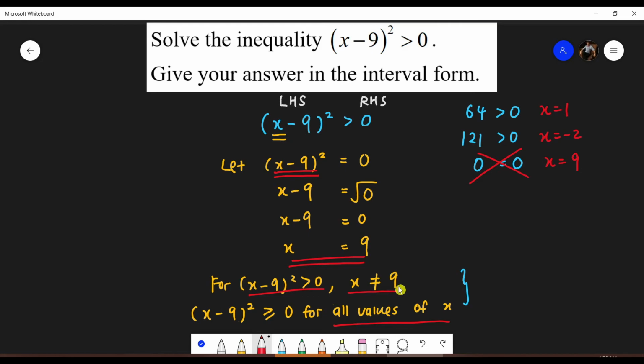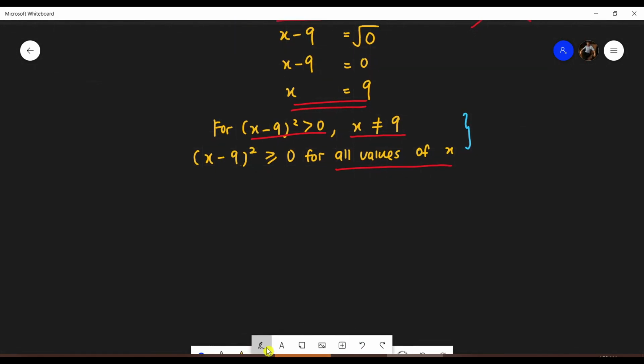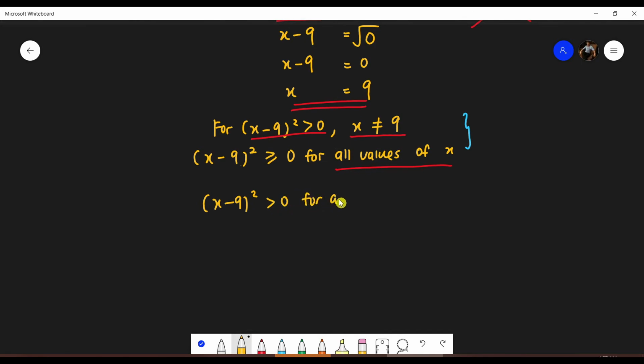So we can combine these two statements below. That is, we can write (x - 9)² > 0 for all values of x, x ≠ 9.